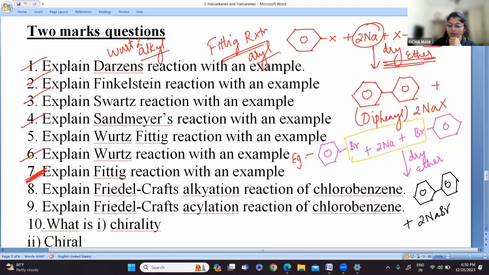Now I've explained both. I've explained Wurtz reaction and I've explained Fittig reaction also. Now, can you tell me what is the Wurtz-Fittig reaction? I have explained what is Wurtz reaction and what is Fittig reaction.